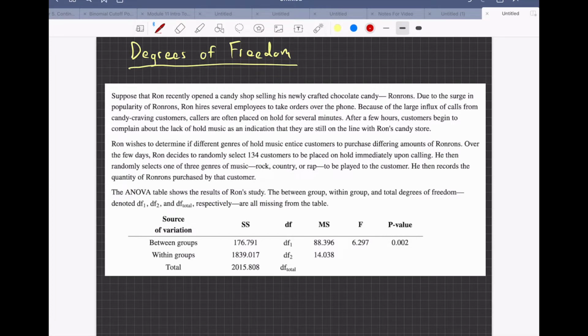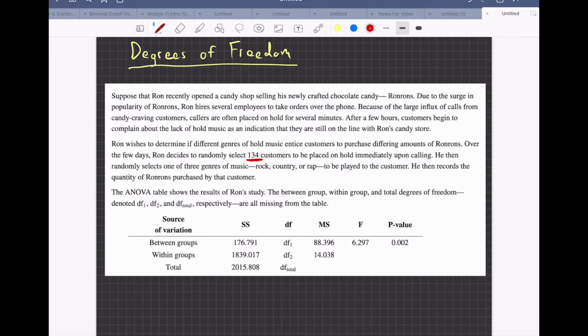Ron wishes to determine if different genres of hold music entice customers to purchase differing amounts of Ron Runs. Over a few days, Ron decides to randomly select 134 customers. So notice this is like the total amount of samples from the populations. Customers are placed on hold immediately upon calling.